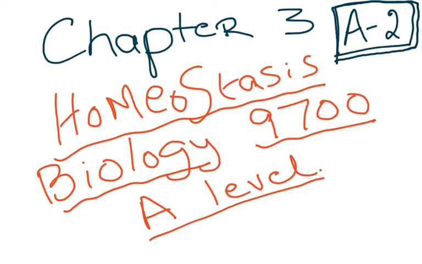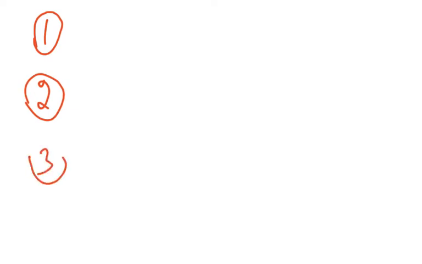Homeostasis means maintenance of a constant internal environment. And the first thing that we're going to study is how the three factors which are important for homeostasis are maintained. The three factors which have to be studied are number one, thermoregulation.